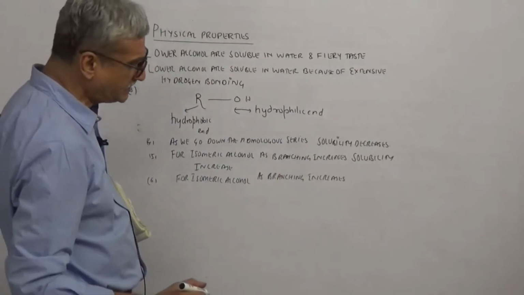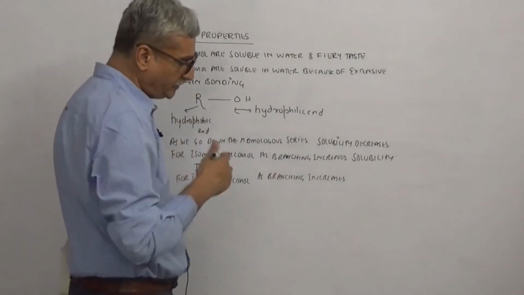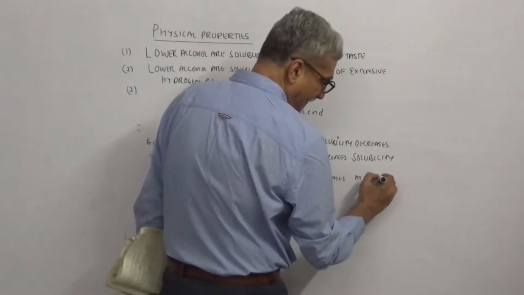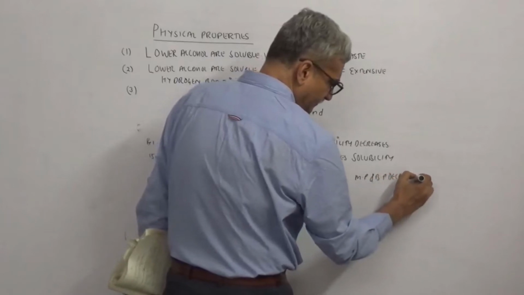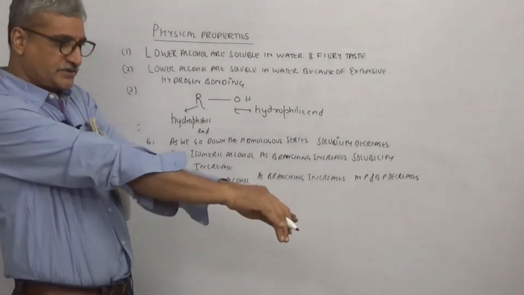As branching increases, what happens? Melting point and boiling point decrease. Why does it happen? Because see, N-butyl alcohol is straight.